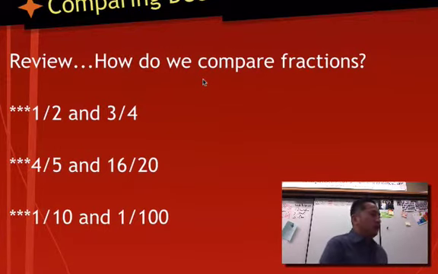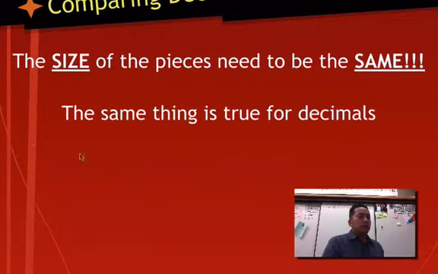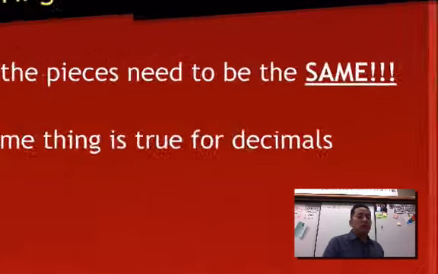That's the only way you can compare them. It's very key. And the same thing goes for decimals. You have to make them the same size in order to compare them. Okay? So let's look at the next slide here. The size of the pieces needs to be the same. Next slide.